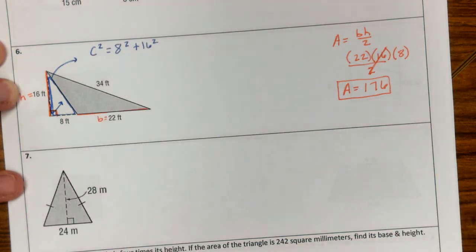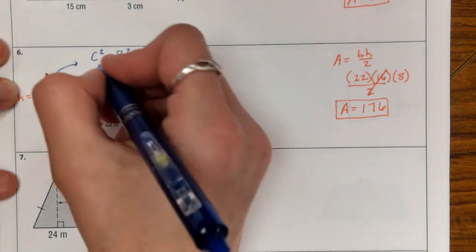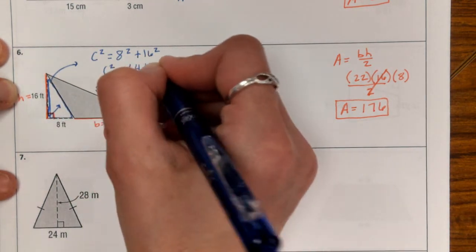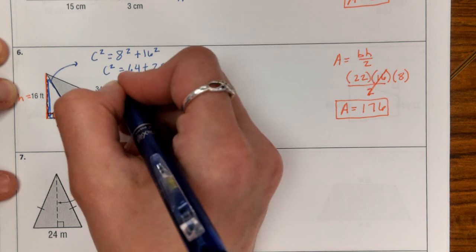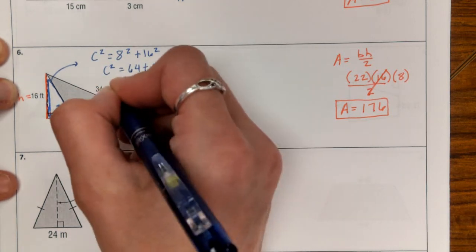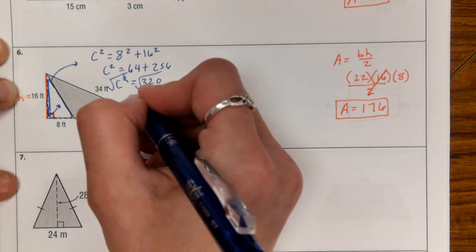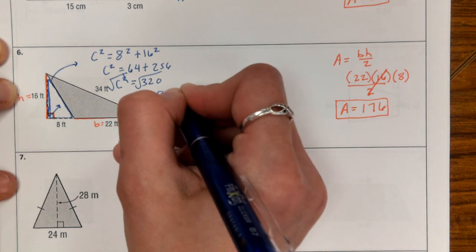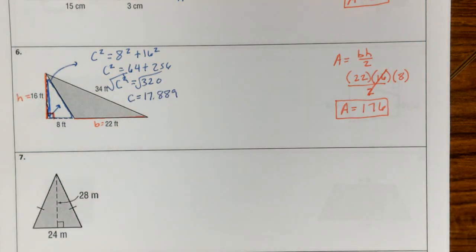We actually already did this one on the previous page. So your C squared is going to be equal to 64 plus 256. And we're going to add those together to get 320. Square root. Your C, your missing side, is going to be that 17 and 889 thousandths.